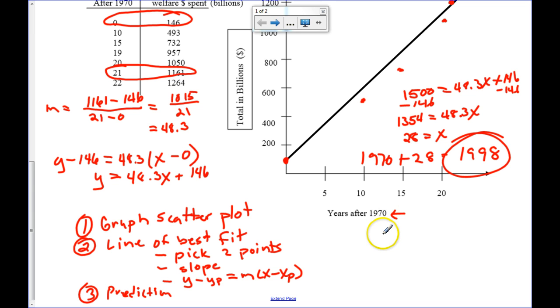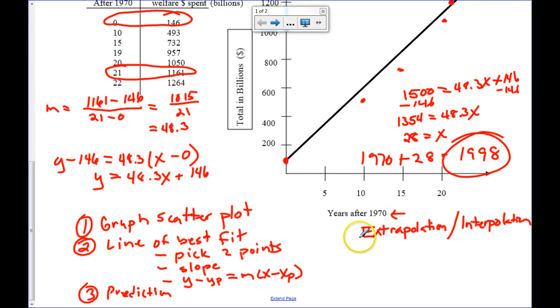One last thing I want to talk about is extrapolation versus interpolation. In your homework today, it'll ask you what the difference is between them.